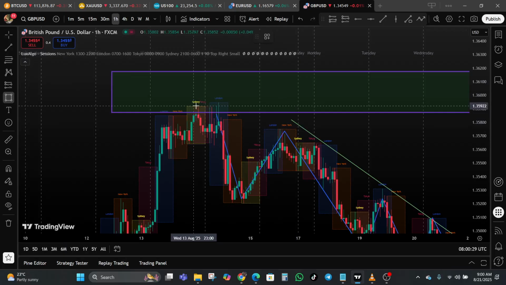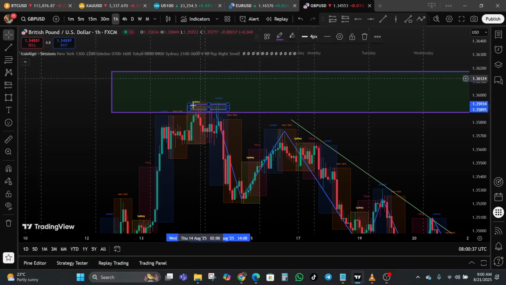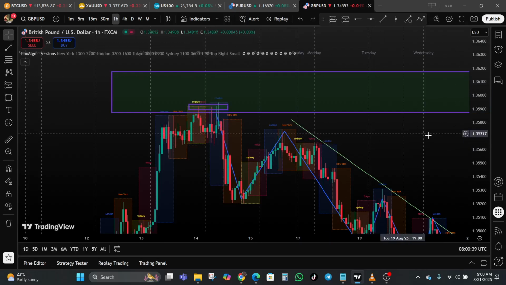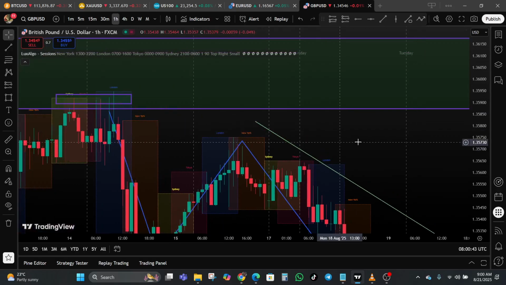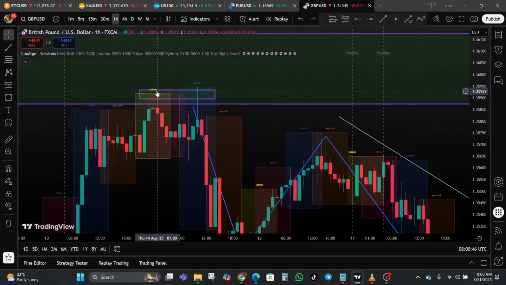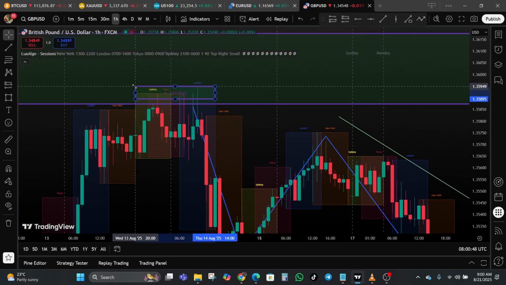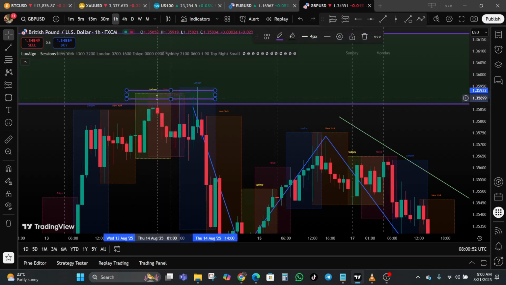You can see this is a recent high. It was a recent high during this period. So if you look closely, you'll see that when the London session opened, can you see that this area now, those that sold, they would have set their stop loss. You can see this is a significant area.